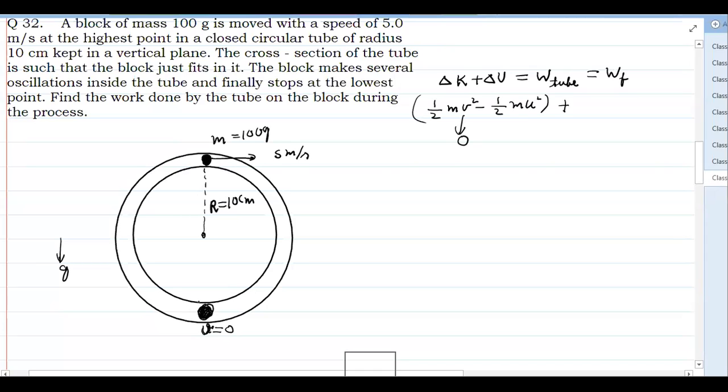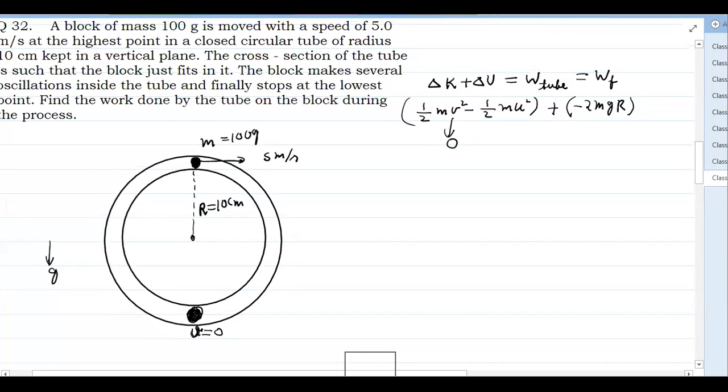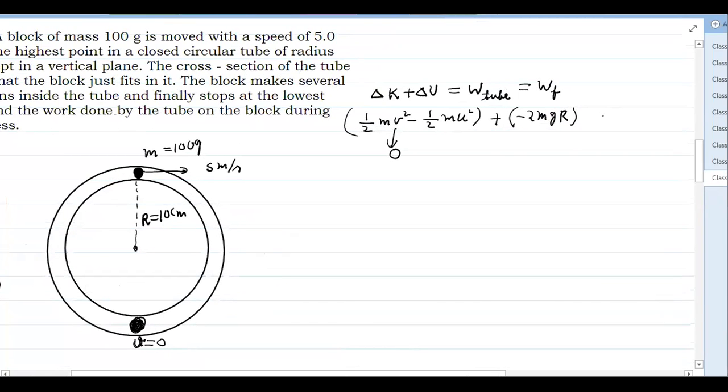It has descended by 2r. So we will write minus 2 mgr. Why minus? Because the object is going down. And this is the work done by friction or work done by tube. Both are same. So we will get minus half m u square minus 2 mgr.